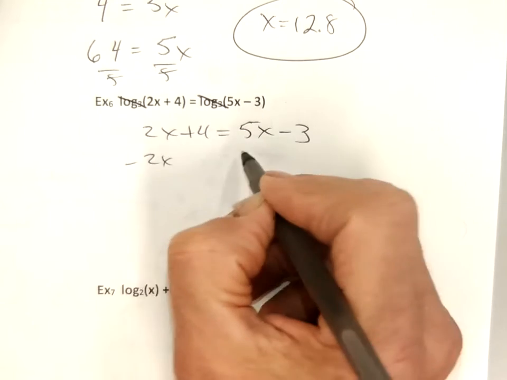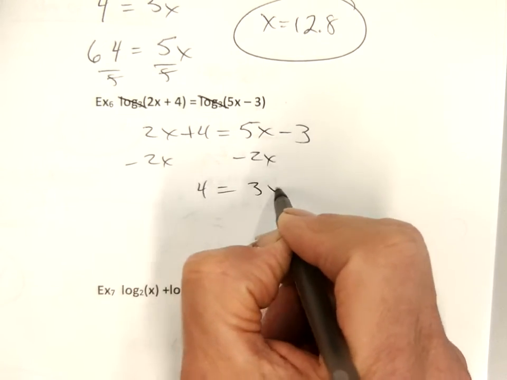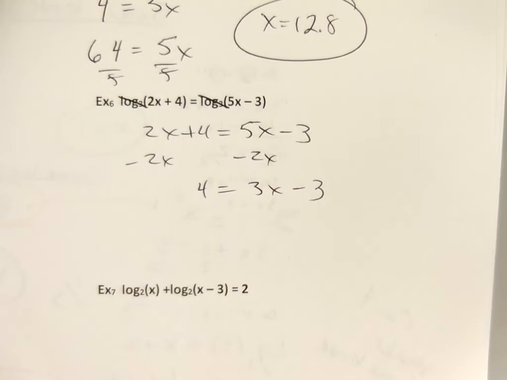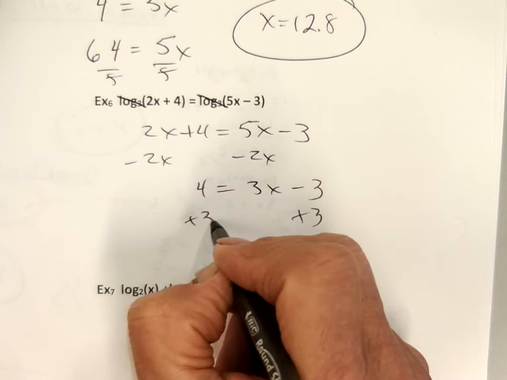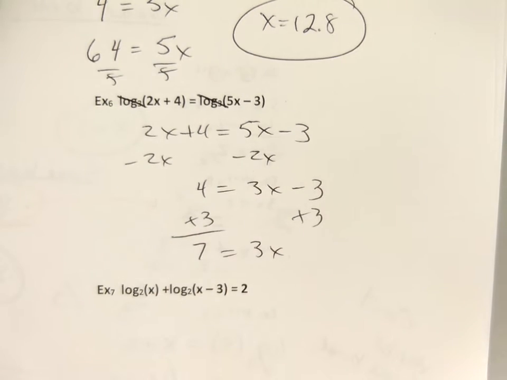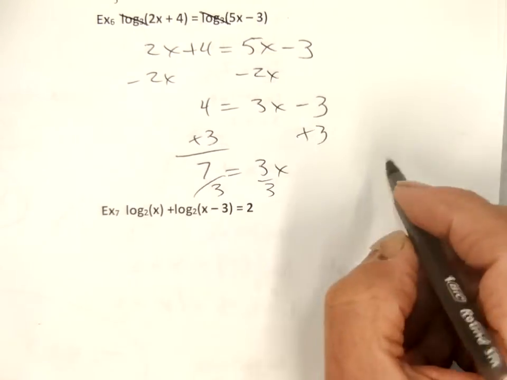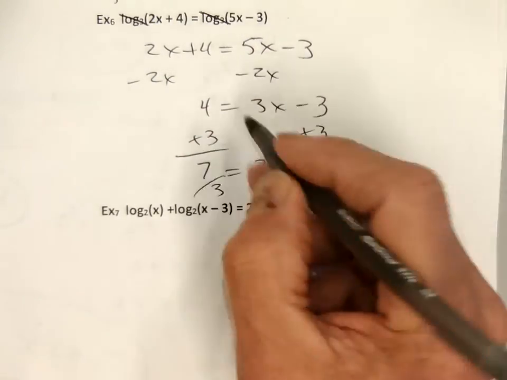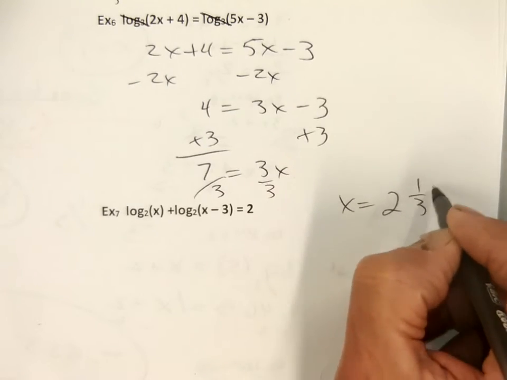Minus 2x. I've got 4 equals 3x minus 3, plus 3, plus 3, 7 equals 3x. Divide by 3, x equals 7/3, same thing as 2 1/3 or 2.3 repeating, right?